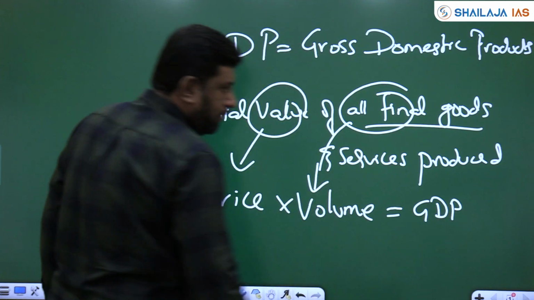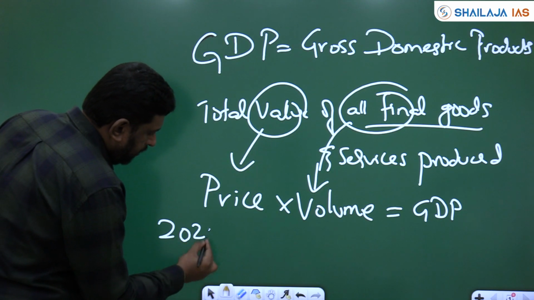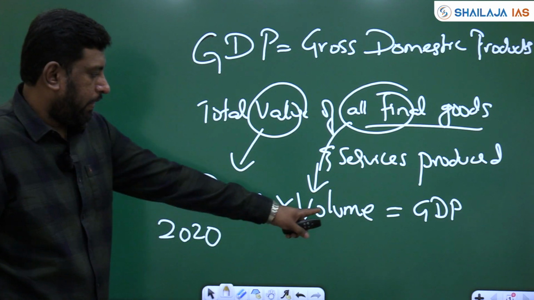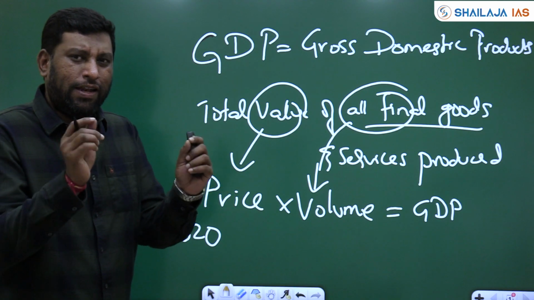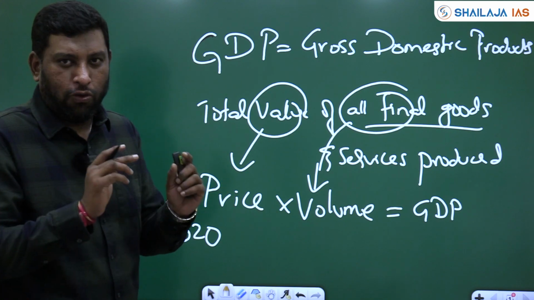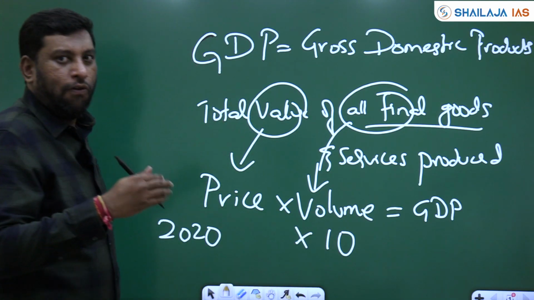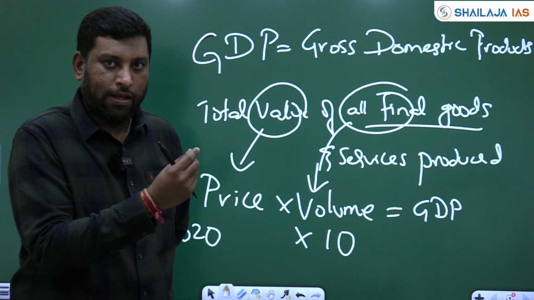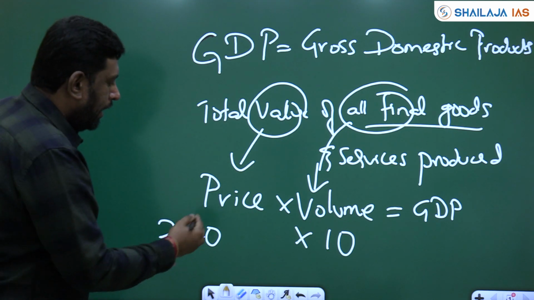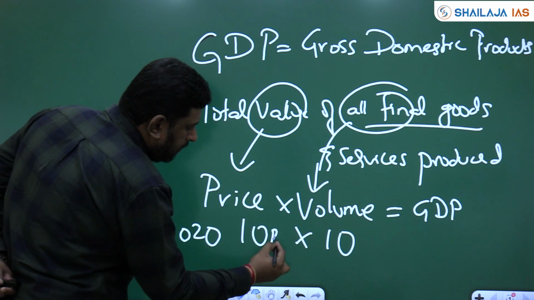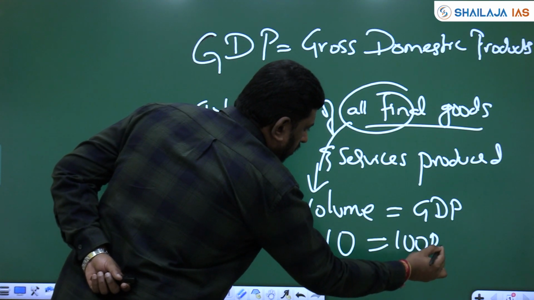For very simple terms, let us imagine for 2020 the volume of the total goods and services produced in the country, let us take a very simplified unit, as 10 units. And let us take, for our basic understanding, the price of 1 unit, let us bring it down to one nominal level as 10 rupees. Okay, so that equals 100 rupees.